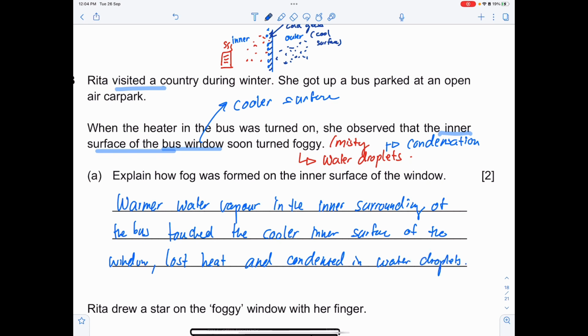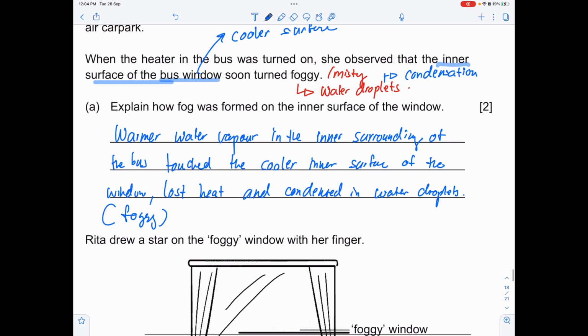Now you can put a bracket here to say foggy, so that they know that the mist or the fog is due to the water droplets. I've mentioned this many times as well. Okay, moving on.